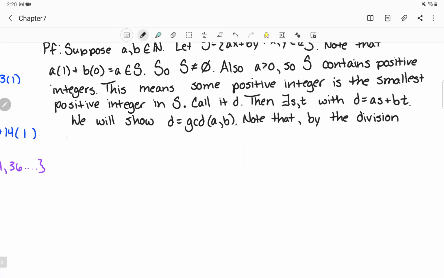By the division algorithm, there exist Q and R. Well, normally we'd say integers, but A and D are positive, so we could say natural numbers such that A equals QD plus R.